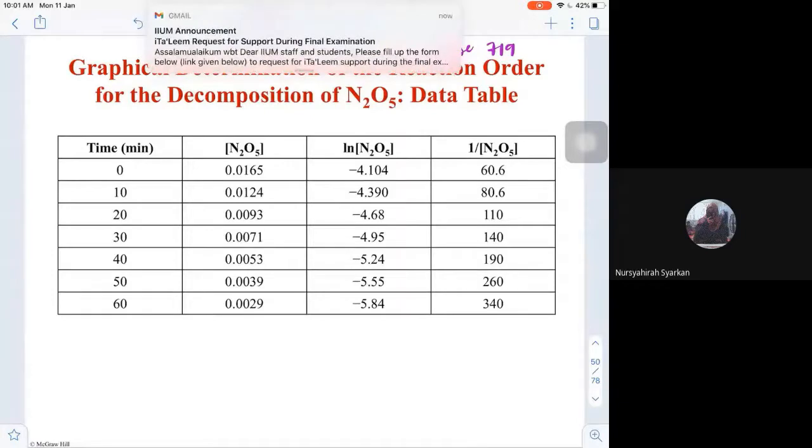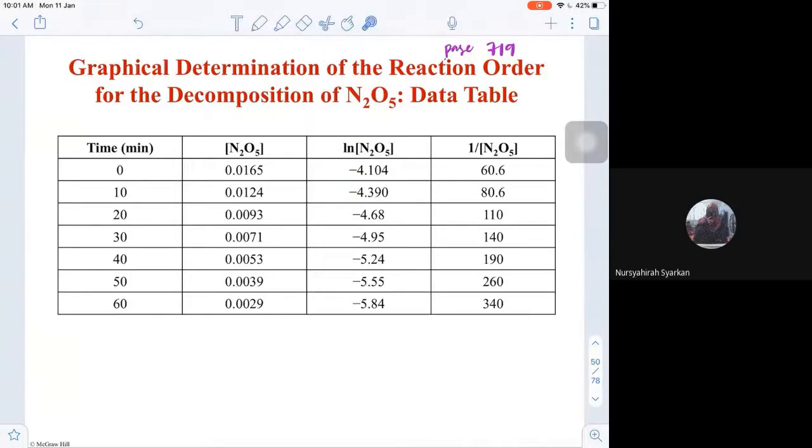So the data that we have is actually the time: we have 0 minute, 10 minutes, 20, 30, 40, 50, 60. This is the time of the reaction. And then the next information is the concentration of the reactant. This is N2O5 turning into N2 plus O2, right?